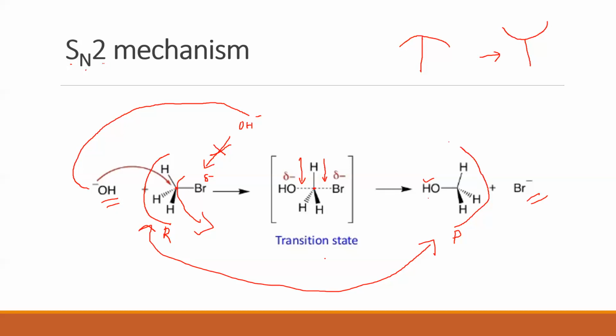It shows characteristics of both the reactant as well as the product. A transition state is a temporary state. It is written within brackets, indicating that it is not a permanent state. It is only formed for a fraction of a second, and after it's formed, it forms the product.